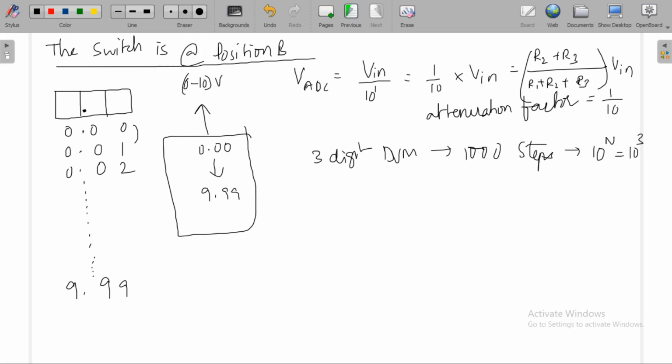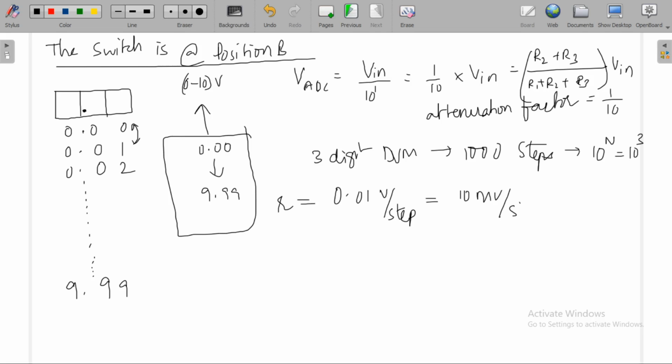Here, what is the minimum voltage detected by this instrument for this range? 0.01 volts. So 0.01 volts per step is the resolution, which is equal to 10 millivolts.